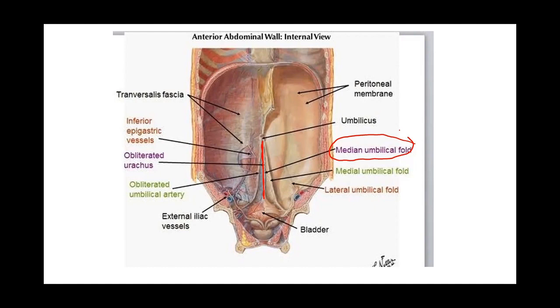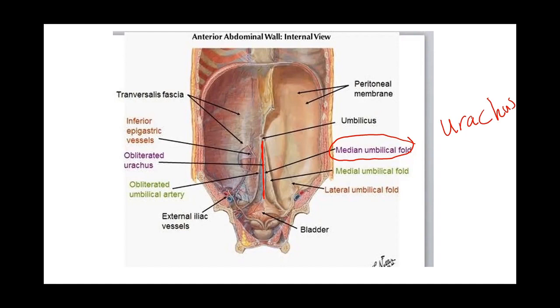But of course, when you examine her clinically, she has periumbilical tenderness and a history of frequency and dysuria. And there is what is called the urachus. It's an embryonic structure that connects the umbilical cord to the bladder.